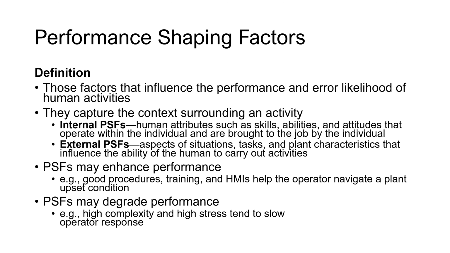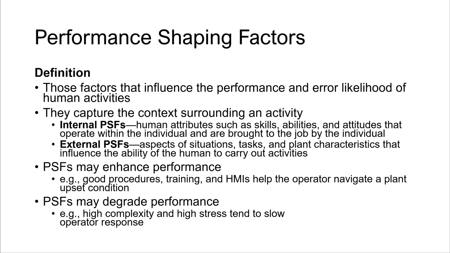Now going into performance shaping factors. This is an overly formal term that you'll hear in certain domains, especially in industrial or nuclear power, aviation, these kinds of things. Fundamentally, they are the factors that influence the performance and error likelihood of human activities. When we talked about the cognitive mechanisms of error, memory, vigilance, those kinds of issues, they're all performance shaping factors.